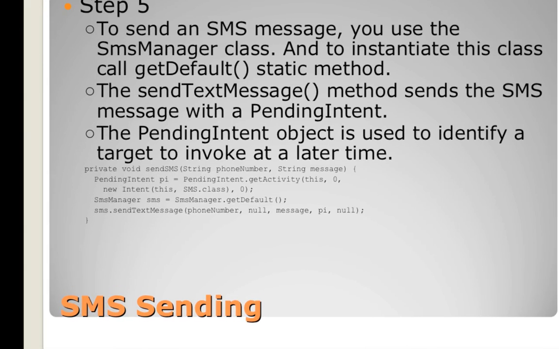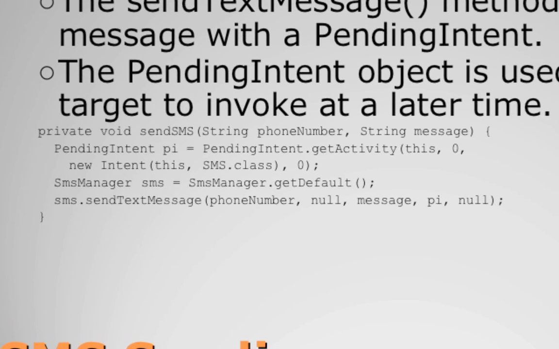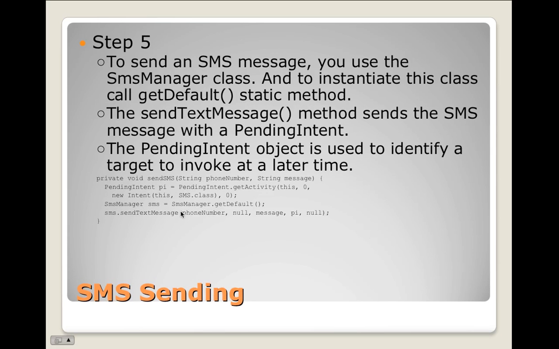And here's kind of what the generic format looks like. So we have the pending intent PI. It's going to be a getActivity on the SMS class. SMS manager getDefault. getDefault is going to get the default information for the port for the setup of the actual transmission for use with the intent.